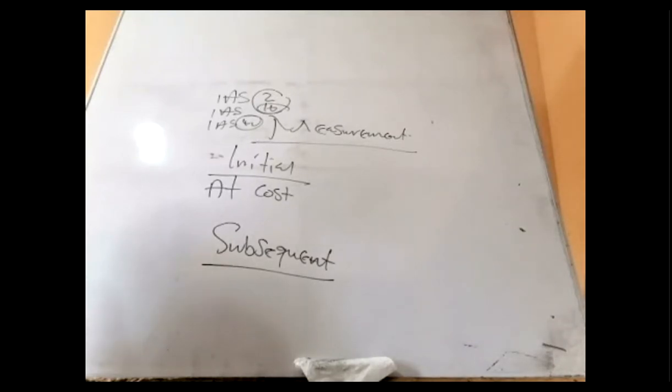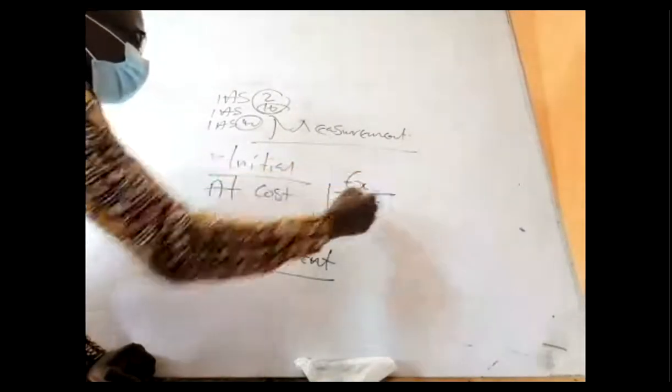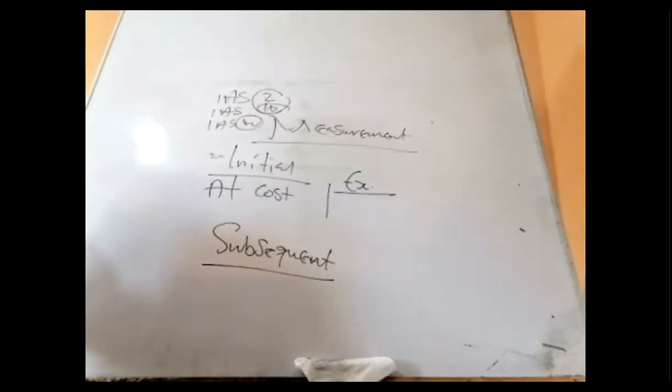Now, exclusion from the cost: startup cost should be excluded. So we go to exclusion from the cost of investment property.